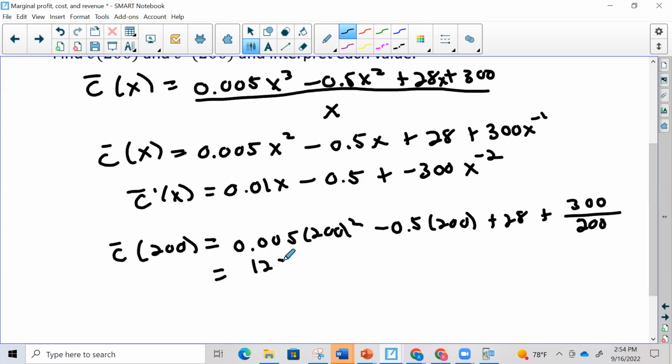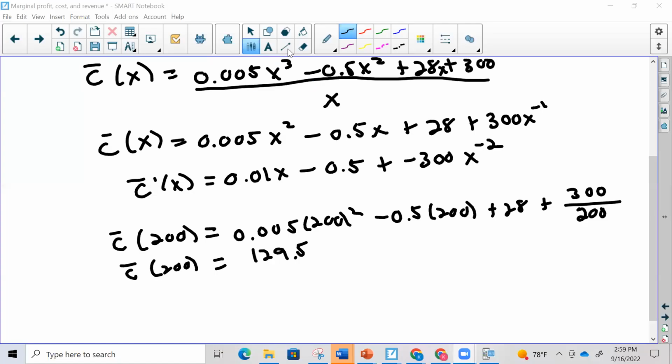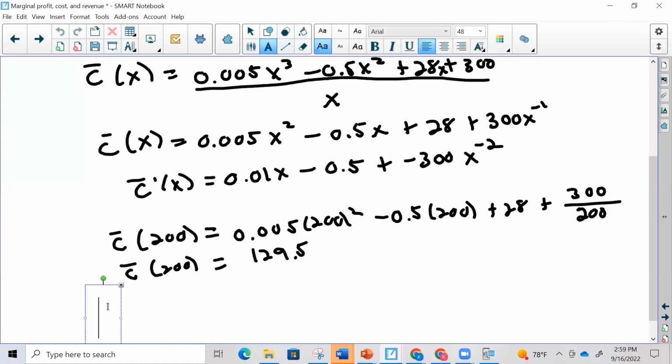And I get 129.5. So the interpretation of this would be that when we are producing 200 units, the average cost per unit is $129.5.